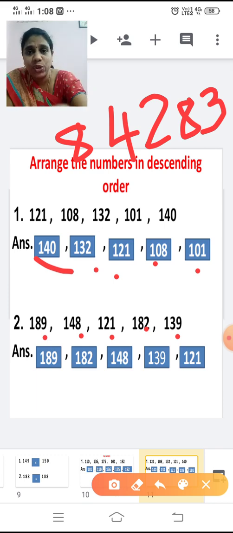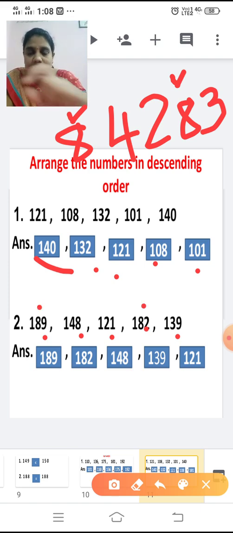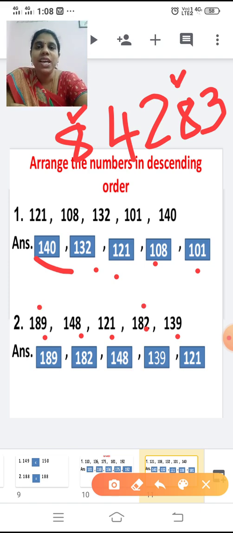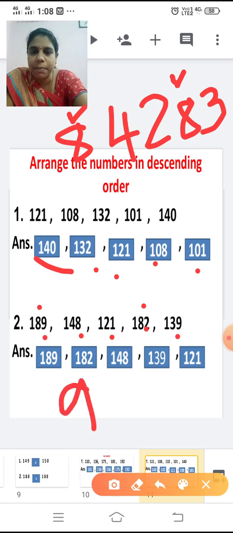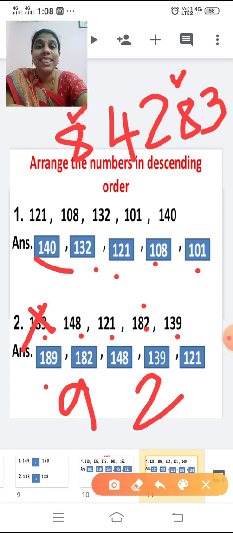8. Right. We have 2 8s in first number and the fourth number. Now compare first number and fourth number, the ones place now. So first number we have 9 in the ones place and fourth number we have 2 in the ones place. Which is bigger now? 189. So write 189. Then 182.